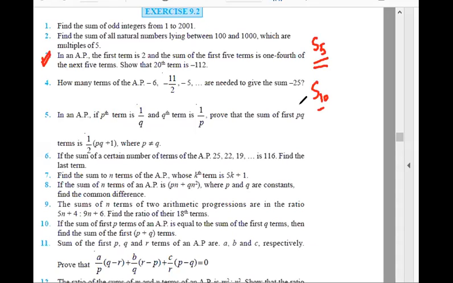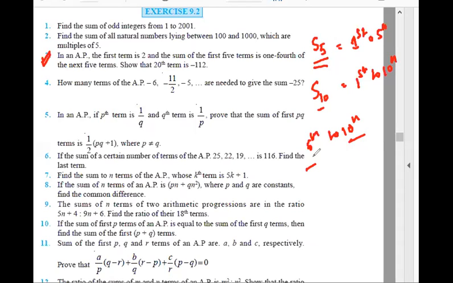S10 is the first 10 terms, because when you talk about S, the formula is for the sum from first to nth term. So this is for first to fifth term, and this is first to 10th term. If you want to find the sum from 6th to 10th term, what do you have to do?